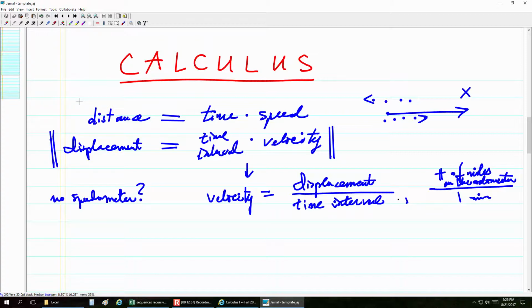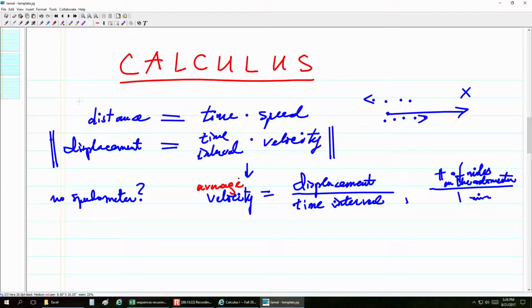This is the beginning of calculus. Certainly you realize that during that minute you might be changing velocity up and down, so this is not the exact value of velocity, but what we call the average velocity.